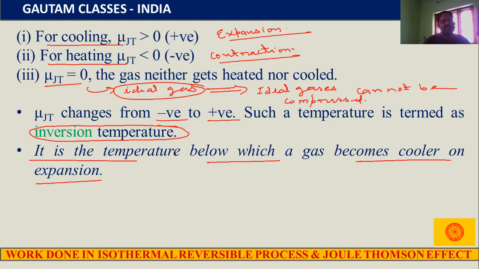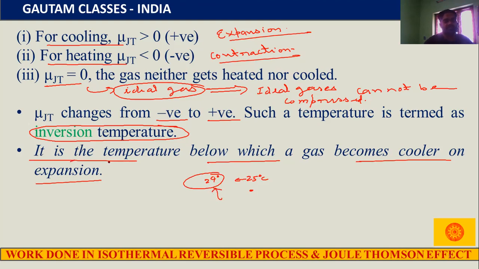Each and every gas has its own inversion temperature. Suppose a gas has an inversion temperature of 25 degrees Celsius. If we decrease the temperature to 24 degrees Celsius, it will immediately show the cooling effect.